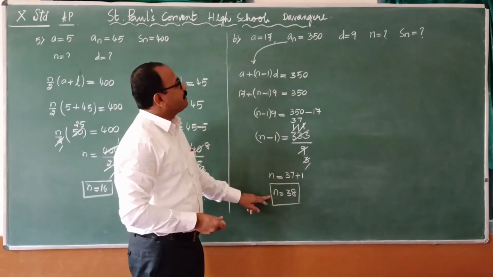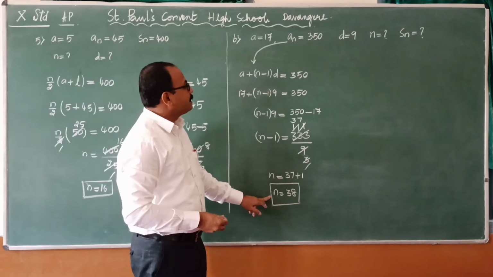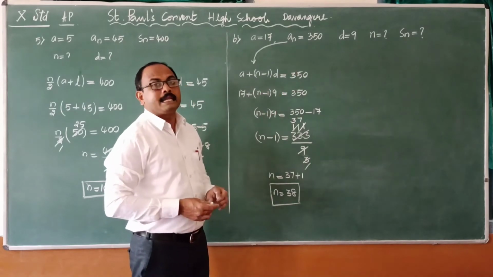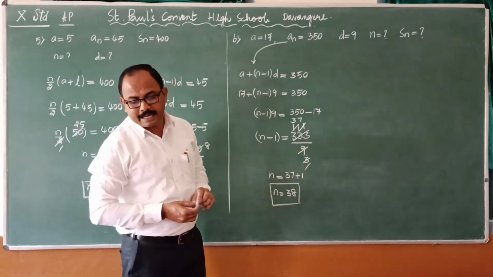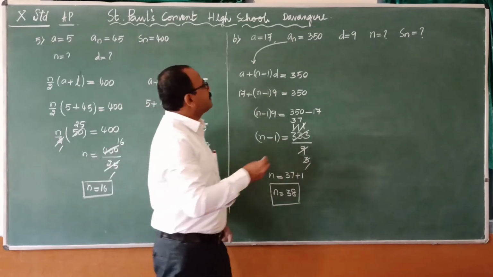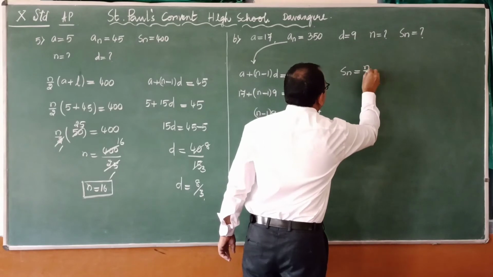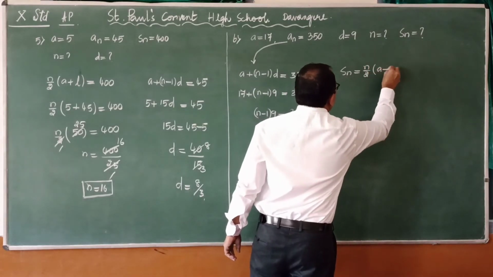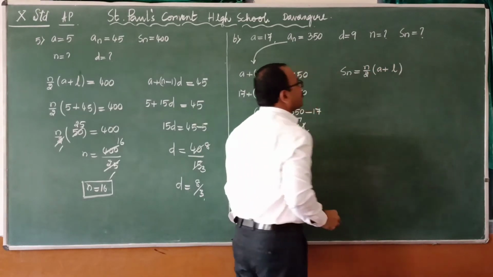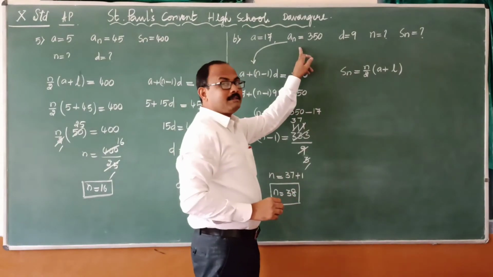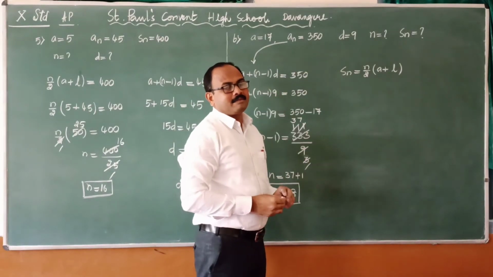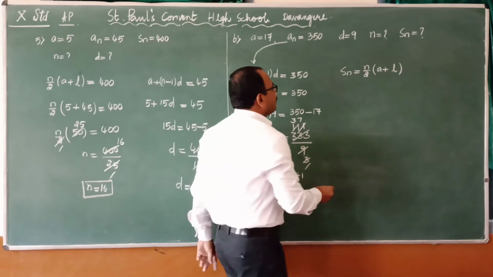We shall take this value and find the value of S_n, children. S_n will be n by 2 into (a plus l), which we take because the last term is given, children. For that reason I have taken this formula.